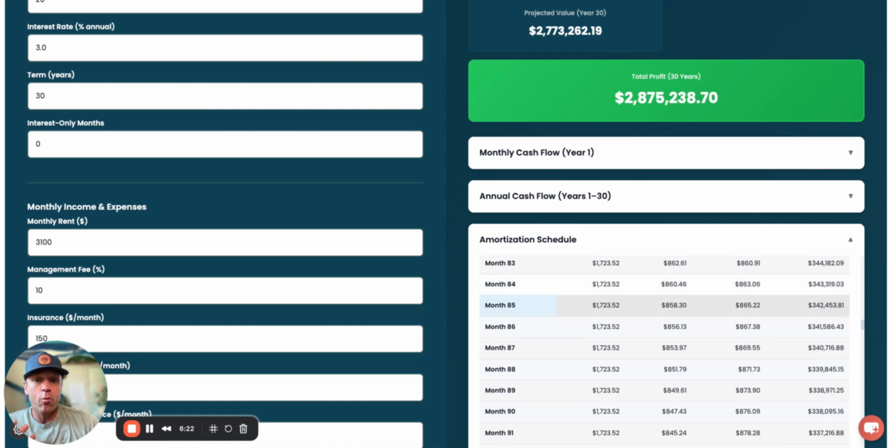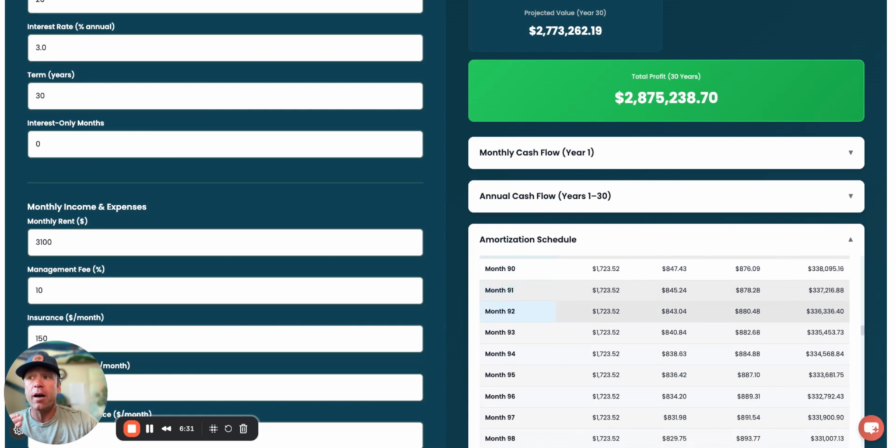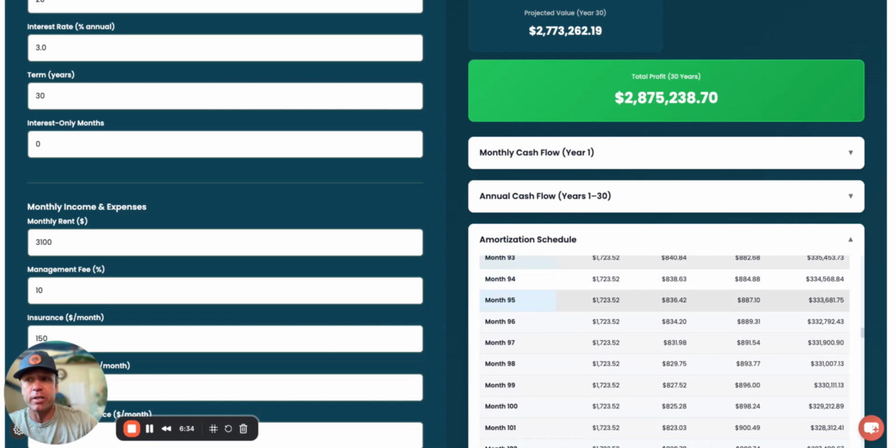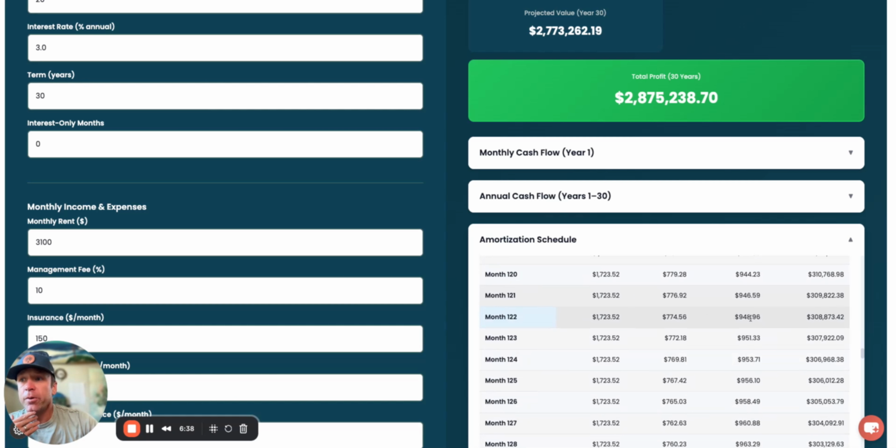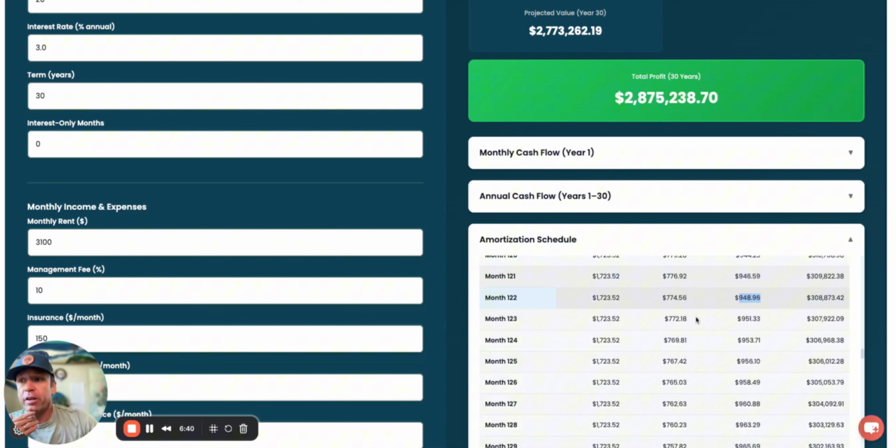They can turn their home into a rental and the real estate pays as a benefit for them financially. And then over time, if you're not going to refinance a 3% loan anytime soon, by month 122 you're paying more principal down than interest. And so you'll see over the course of the whole loan term, the interest continues to go down.